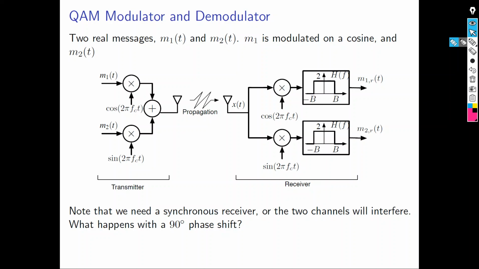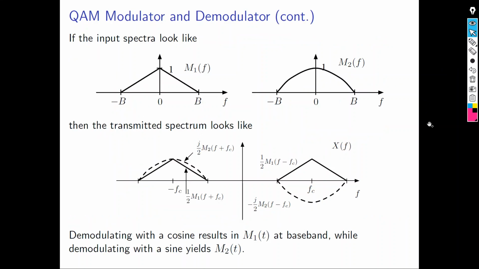And one of the ways to make sure that this is doable, and we guarantee this, is to use a phase locked loop. This circuit is responsible for making sure the phase at the transmitter is the same as the phase of the carrier at the receiver, and you don't get any problems.